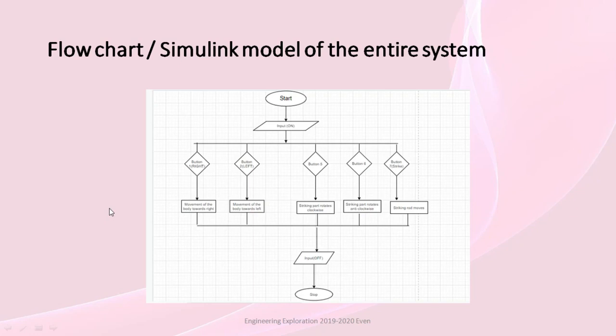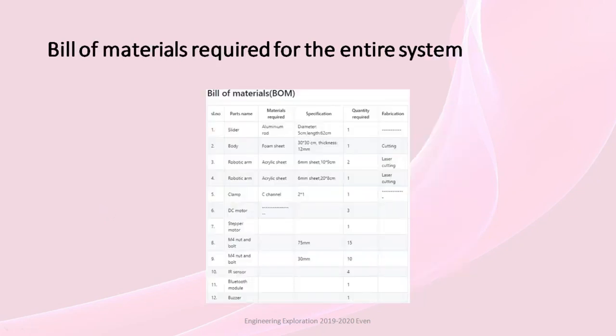So after the flowchart, we had to go with the bill of materials, which was very important for us in our physical implementation. The first part was the slider, which was used for the movement, and we decided to go with an aluminum rod with a diameter of 5 cm and length of 62 cm. For the body, we decided to go with a foam sheet with a dimension of 30 by 30 cm and thickness of 12 mm, which required a cutting process.